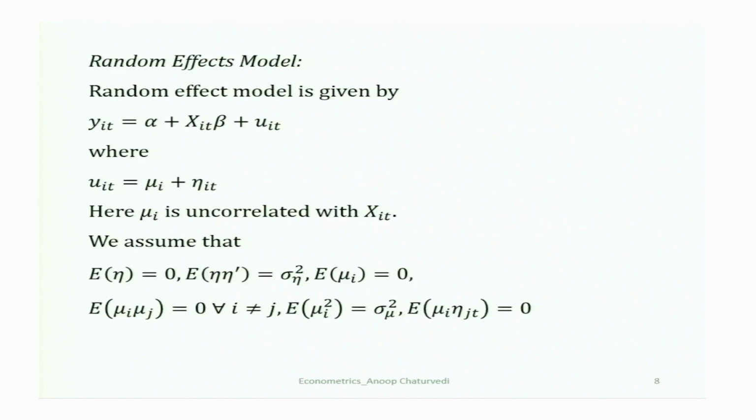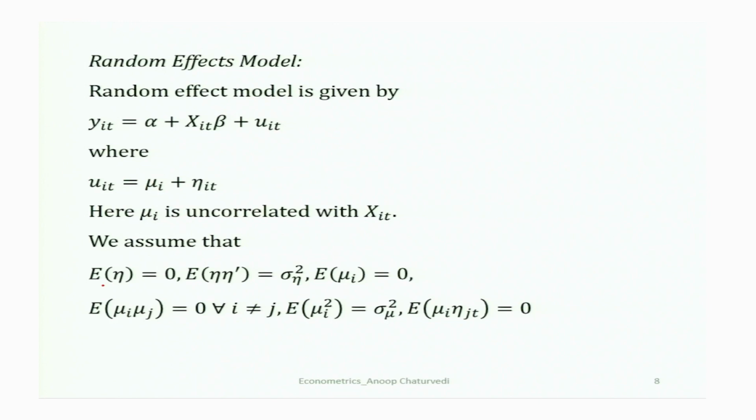Now, we consider random effects model. The random effects model is given by y it equal to alpha plus x it beta plus u it, and then we are taking u it equal to mu i plus eta it. Then mu i is uncorrelated with x it. So, in random effects model, we assume that x it's are uncorrelated with mu i's.